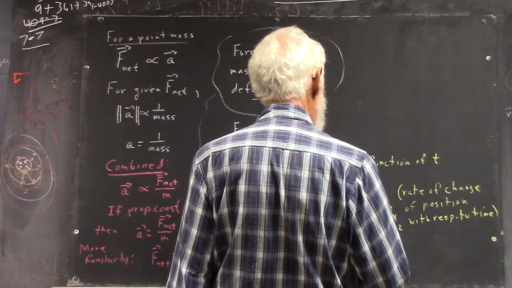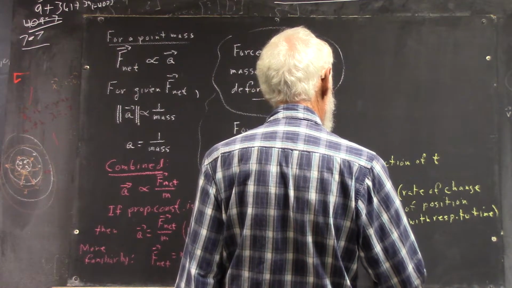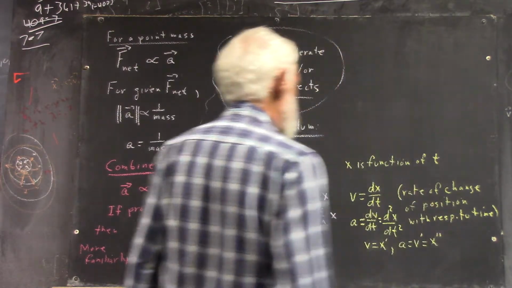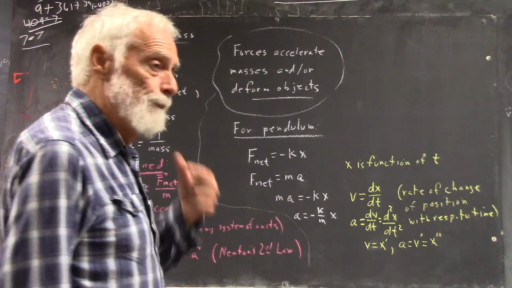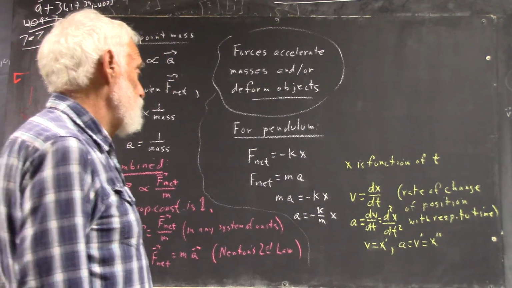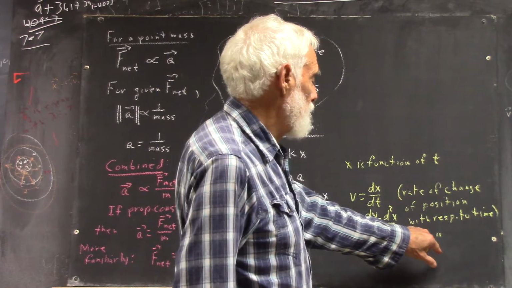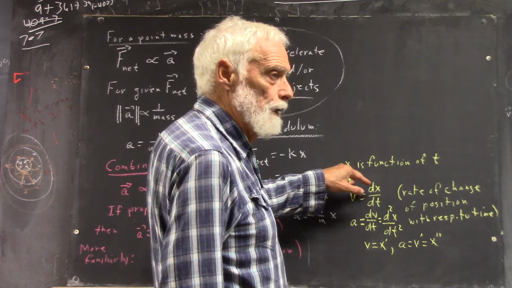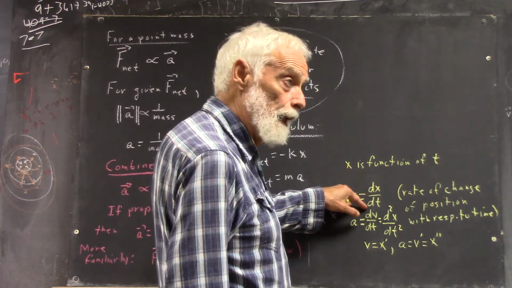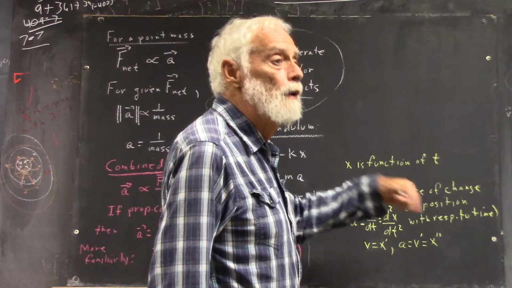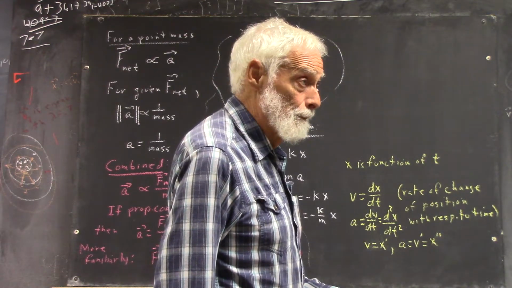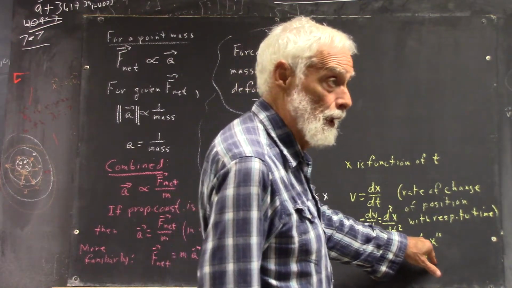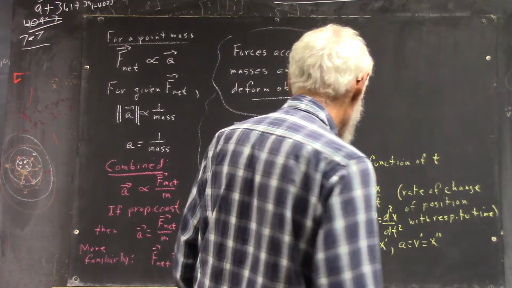In shorter notation, I'm going to use the prime notation. Velocity is x prime, a is v prime, which is x double prime. The advantage to the dx dt notation is that you know that you're doing a change of position with respect to time. When I use the prime, you've got to know what you're doing it with respect to. Since we've defined these as functions of time, then implicitly these are time derivatives. That's going to be important.